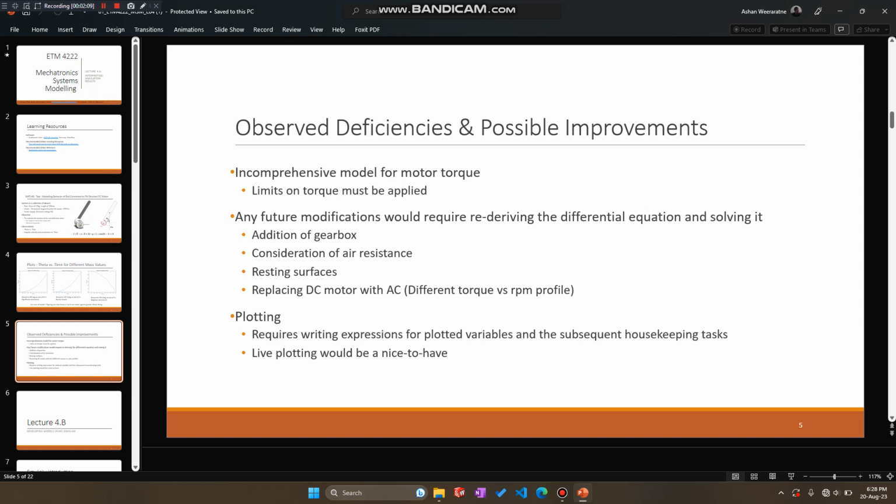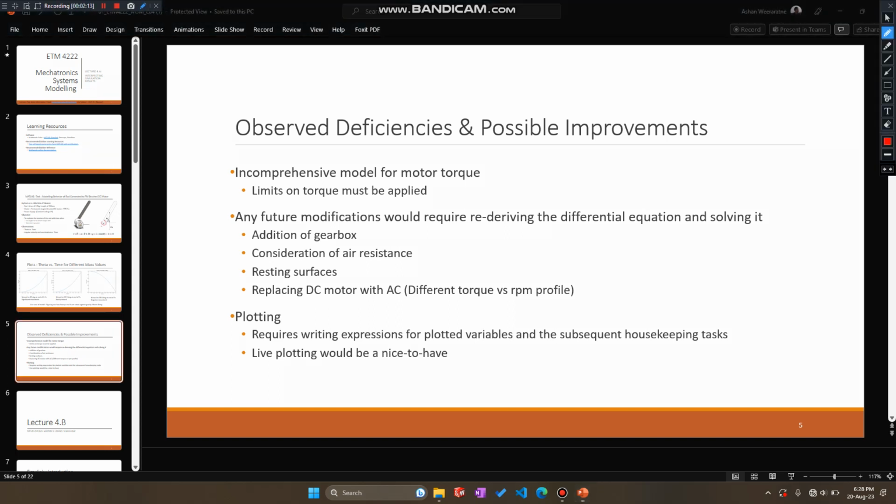So let's look at the first deficiency that I have listed over here. I have stated that the model I have used for motor torque is incomprehensive. Let me explain what I meant by that.